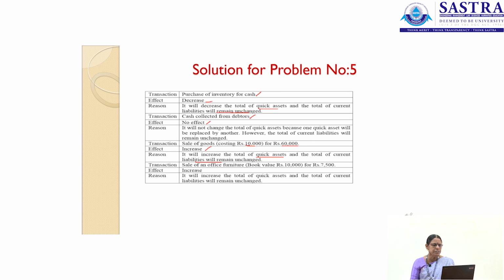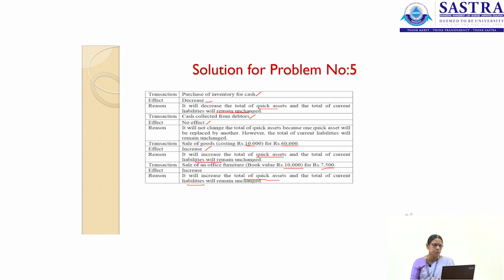Then sale of office furniture, the book value is 10,000, it is sold for 7,500 and we have a loss of 2,500. This will increase the total of your quick assets and the total of current liabilities will remain unchanged.